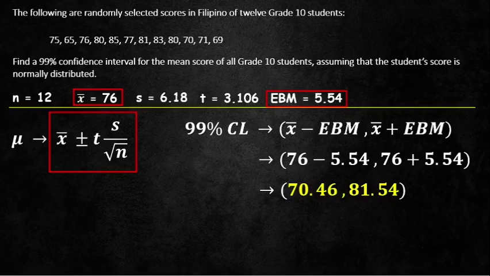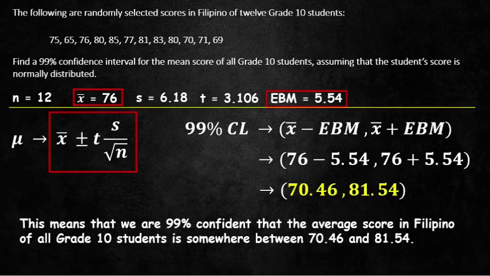And what does it mean? It means that we are 99% confident that the average score in Filipino of all grade 10 students is somewhere between 70.46 and 81.54.